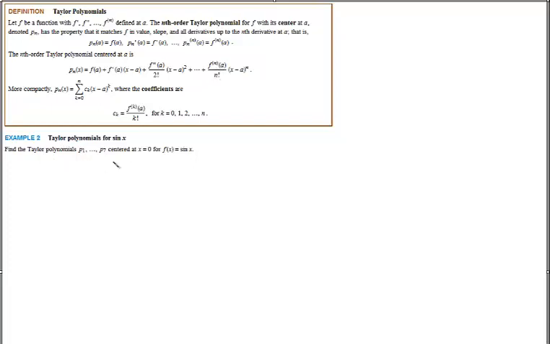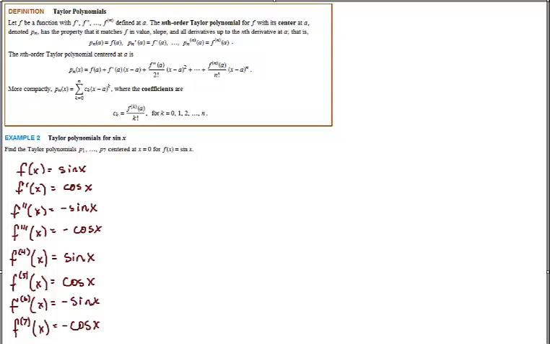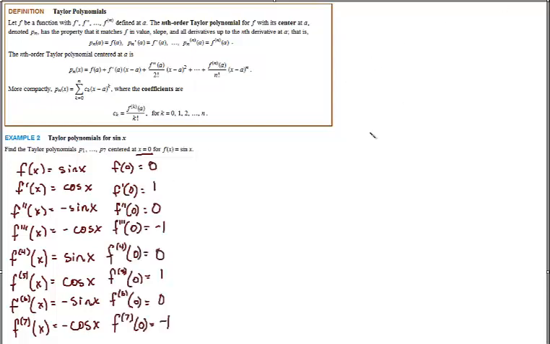They want you to go to the 7th derivative. So I'll write down those derivatives. And once you find those, because they're wanting me to use an a value of 0, I now need to find f of 0, f prime of 0, f double prime of 0, and etc. Alright, we have about what we need.